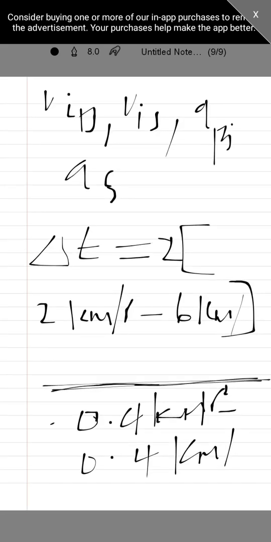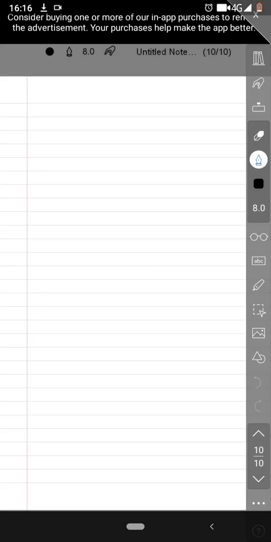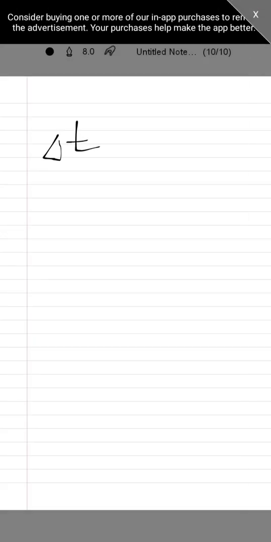So what we get is that change in time is equal to 10.0 seconds.